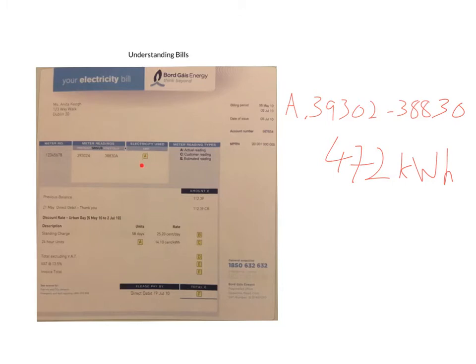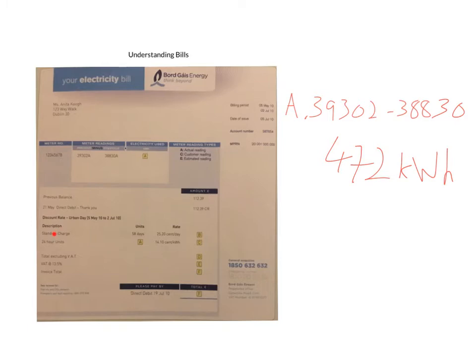So now we've figured out how many units of electricity were used for this period, or how many kilowatt hours of electricity. We can look down here. So down below, they say what the previous account balance was. It says that they have paid the account balance off, so they did owe €112.39. They said that they paid €112.39, so everything is good.